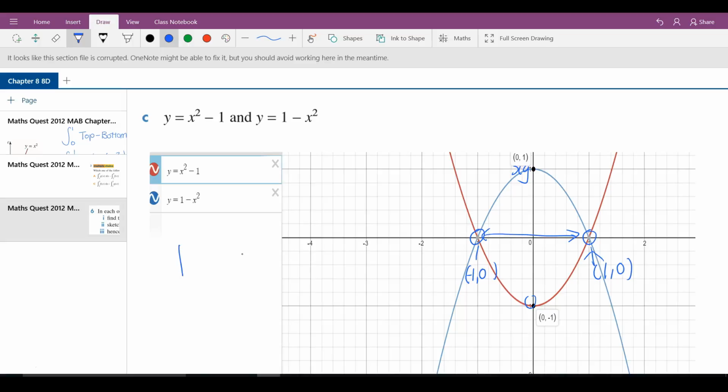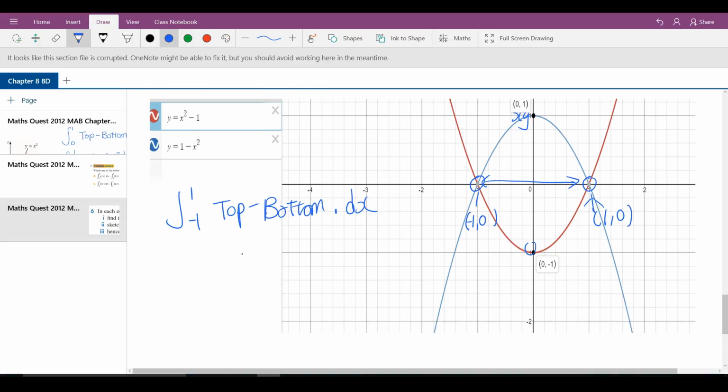Alright, so we're doing these two distance. So we're integrating from -1 to 1. Top minus bottom. Integrate with respect to x. Alright, so which one's the top? So I believe this one will be the top, which would be our y equal to 1 minus x squared, and therefore this one will be the bottom.